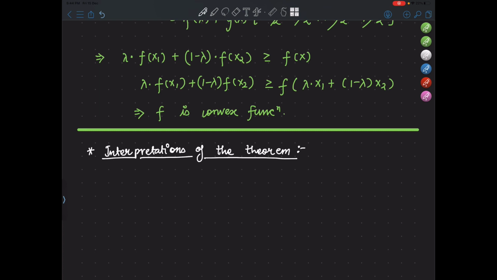Okay, so the first interpretation is the same as we discussed earlier, that the linear approximation never overestimates the function itself. So let's write it.